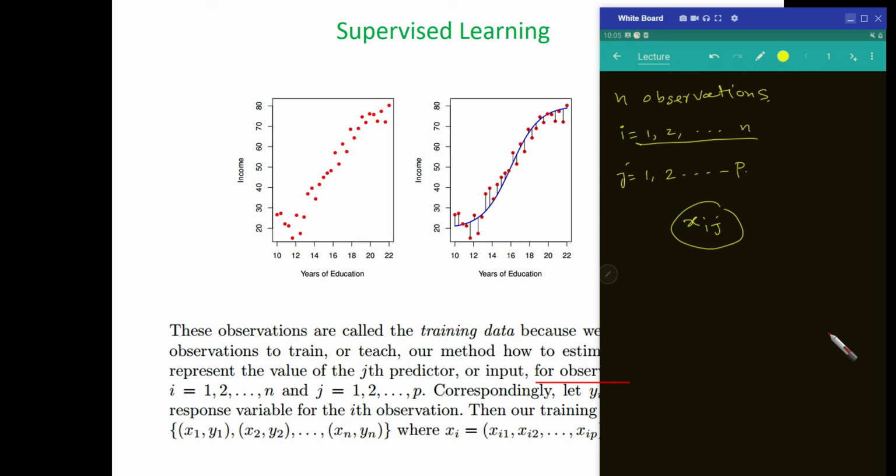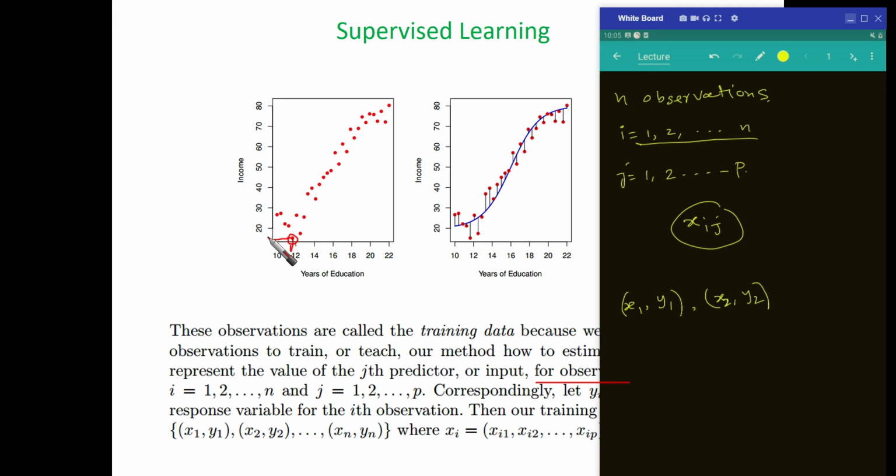Then our training data would look something like this: x1, y1 is one training data point, one observation. This is x2, y2, the second observation. This is the x and this is the y.